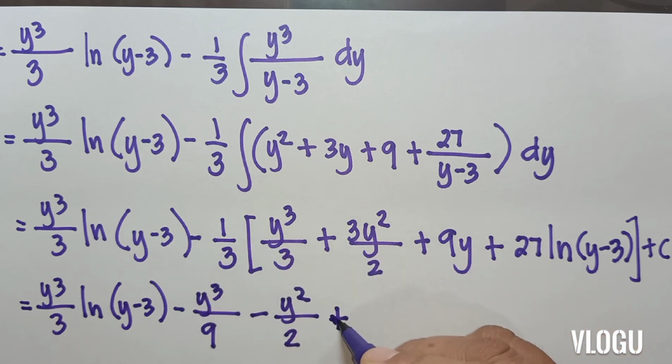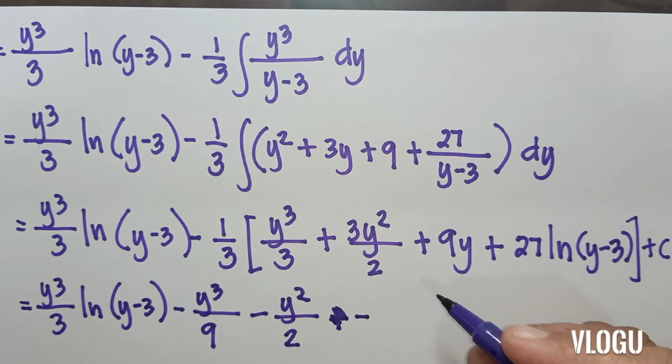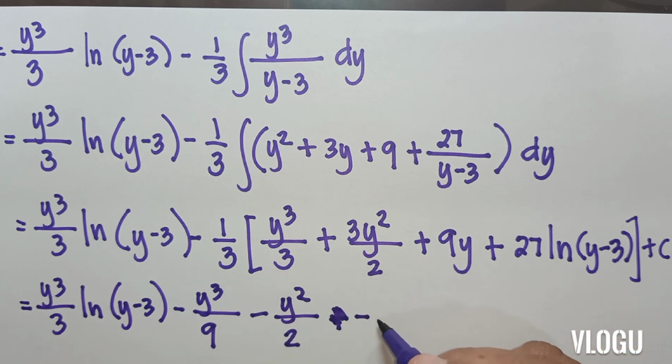So we will have minus 9 divided by 3, so 3y.